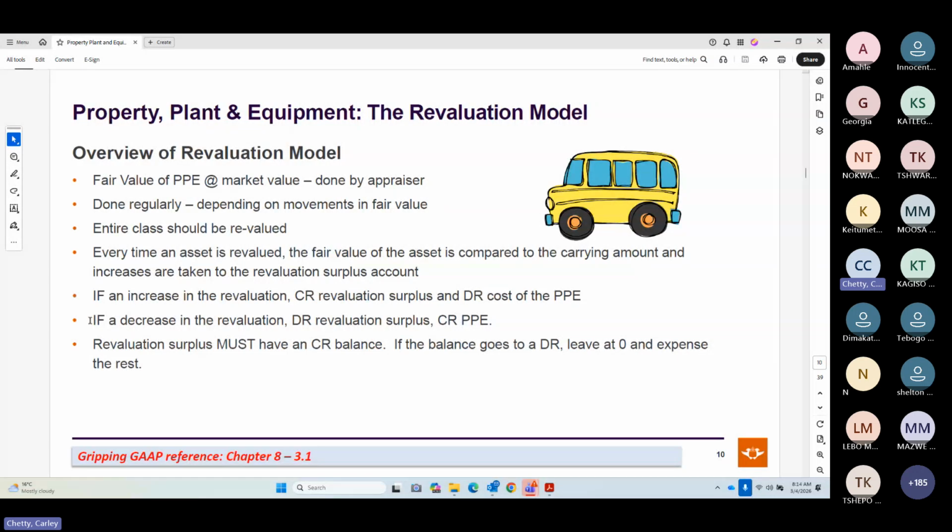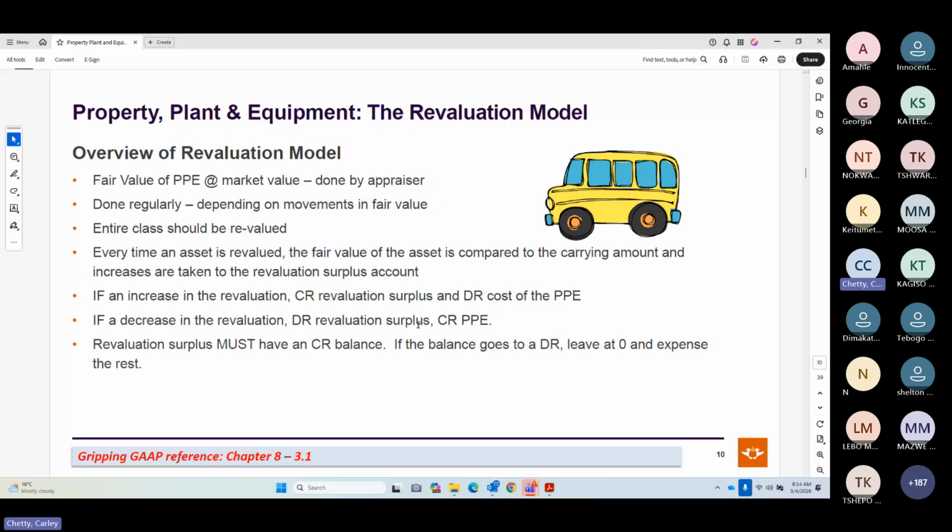If we have the opposite, if we have a decrease in revaluation and the carrying amount is decreasing to the fair value, we're going to do the opposite. We're going to debit revaluation surplus, and we're going to credit property, plant, and equipment. So the revaluation surplus must have a credit balance. If the balance goes to a debit, we're going to leave it at zero and expense the rest.